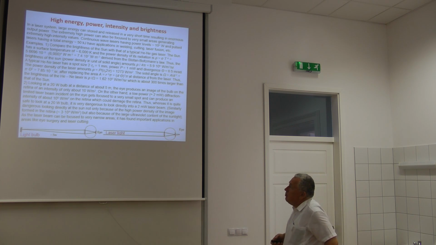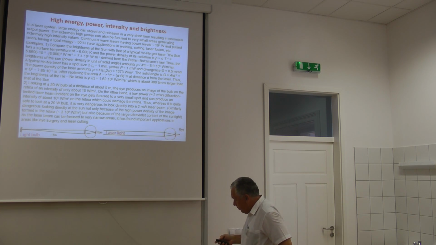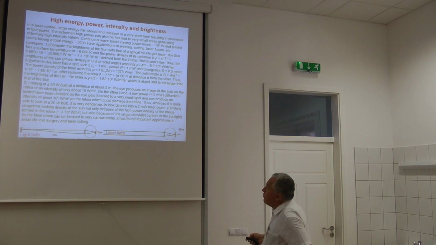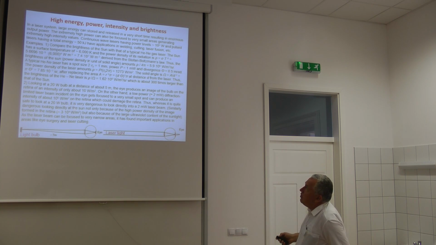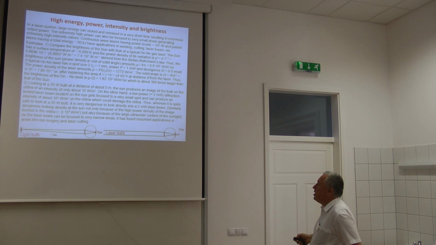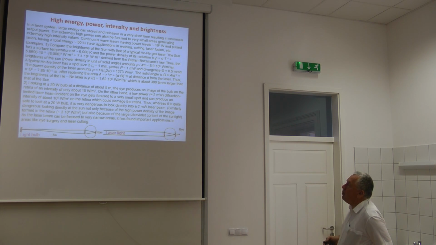Okay. With a simple light source, a light bulb, which has, say, roughly 20 watts, at 5 meter distance on the retina, we have 10 watt per square meter intensity, which is not too large, so we can look at the light bulb without any danger.